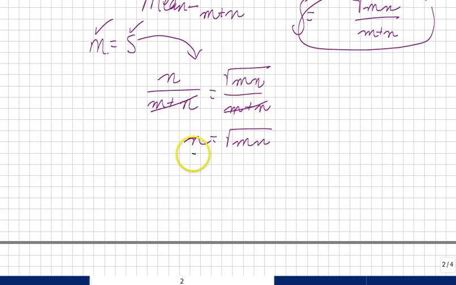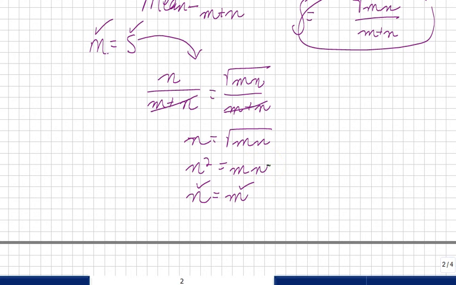At this point, I'm going to square both sides to get n squared equals mn. And then I'm going to divide both sides by n, and I get n equals m, which means that the number of x's and the number of y's is the same. n is equal to m.